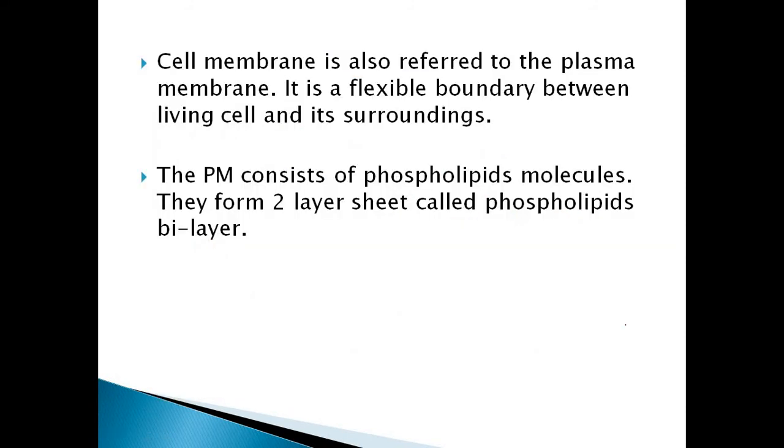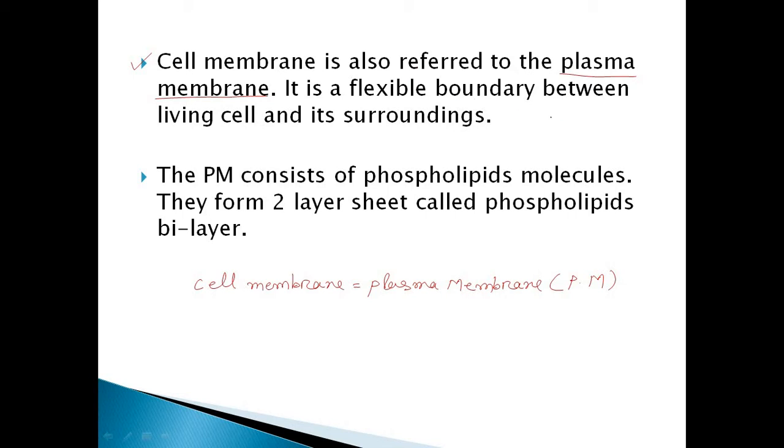Here I have written some points. The first point is that the cell membrane is also referred to as the plasma membrane. Cell membrane is equal to plasma membrane, and we can write it in short form as PM.